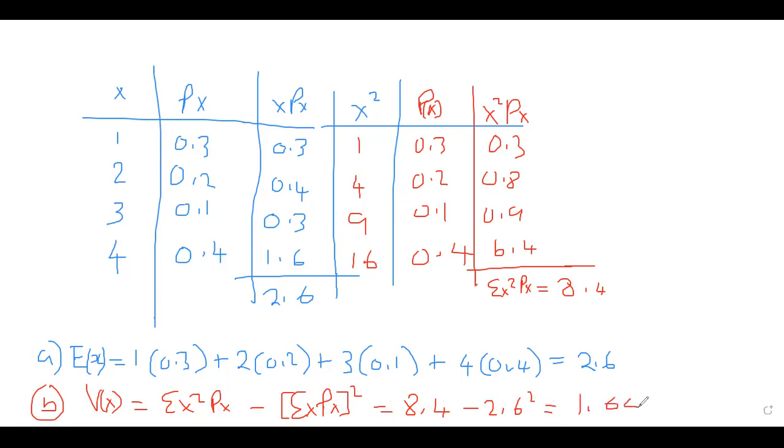1.64. So this is called our variance. Then our standard deviation is simply when we square root the variance.